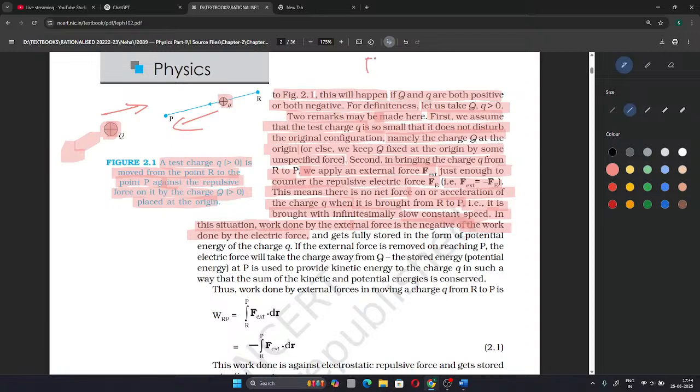F equals ma: when net force is 0, mass is there, acceleration is zero only in some cases, not all. This is just for understanding's sake. So here, as net force is 0, acceleration will also be 0. In such a case, we can assume that the particle is going at a constant speed, moving with extremely low speeds.